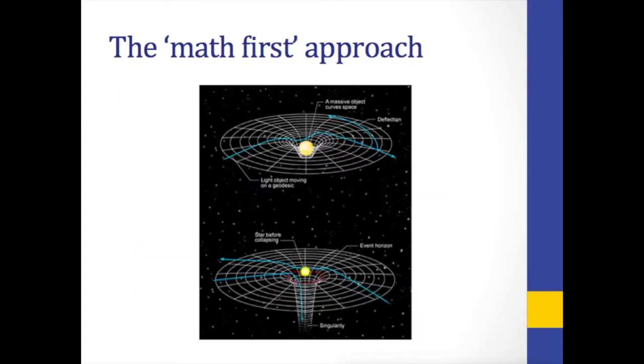So let's look at a math-first approach to these two pictures. One is how a star would affect a particle in its curved field, and the other is a black hole or a massive star where there is a singularity, if you see all the way at the bottom there. If you actually look, a geodesic is a straight line around there.